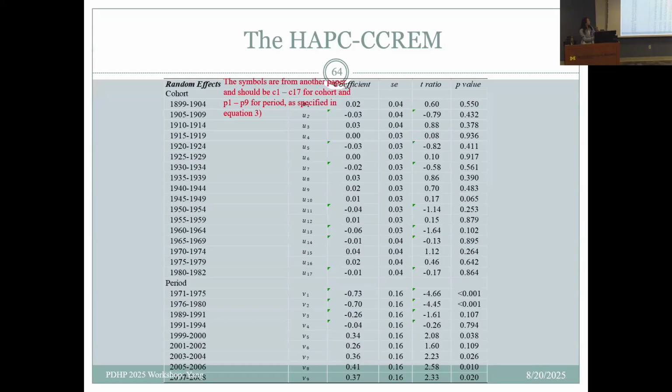Forgive me, this is from a different paper, so I use different algebraic symbols to indicate the random effect coefficient. Just know the cohort here corresponds to our C0J, where J goes from 1 to 17, and then the period is actually our P0K, where K goes from 1 to 9. So this is the output for the random coefficient estimate.